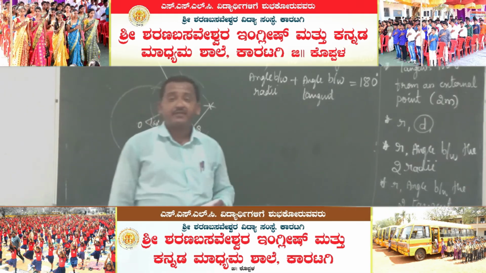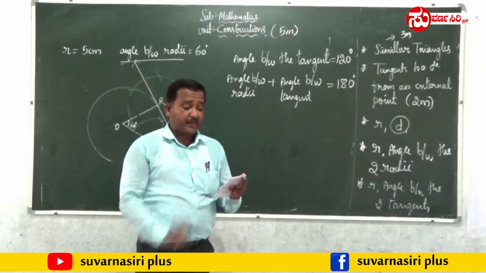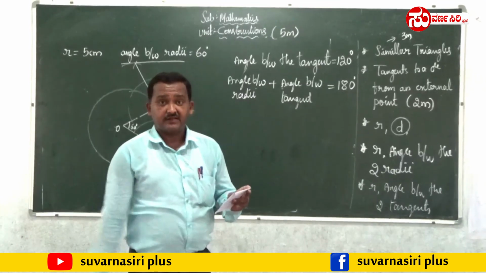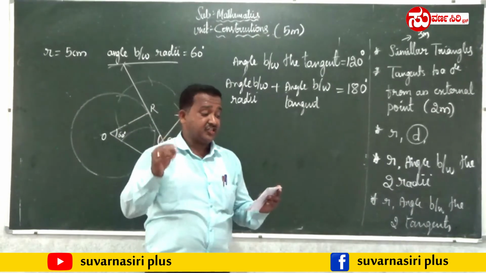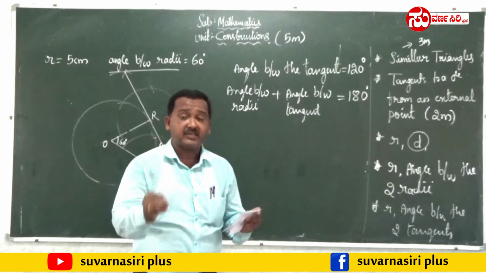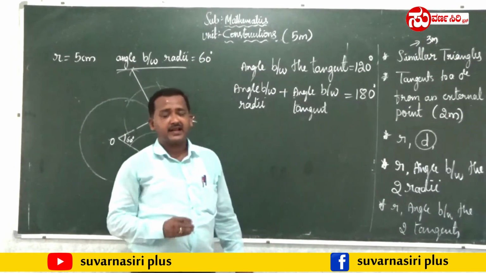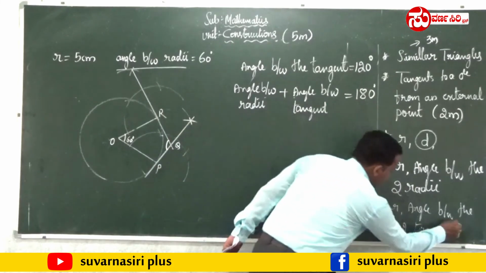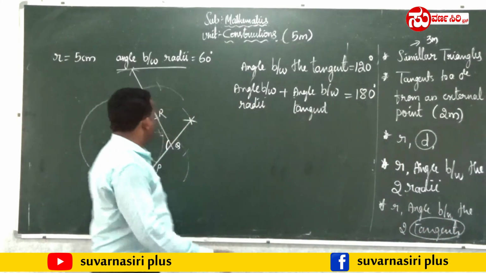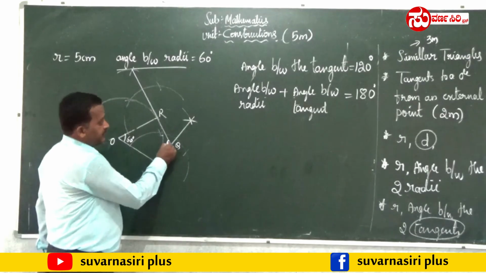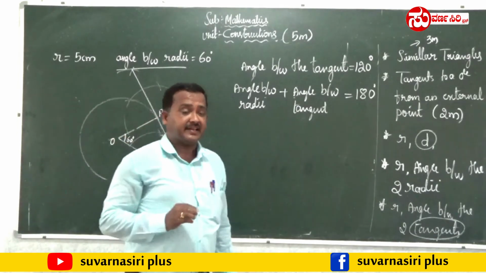A question you have in your textbook, I read here: Draw a pair of tangents to a circle of radius 5 cm which are inclined to each other at an angle of 60 degree. Which are inclined means tangents are inclined at 60 degree, which means the angle between the tangents he has given as 60 degree.